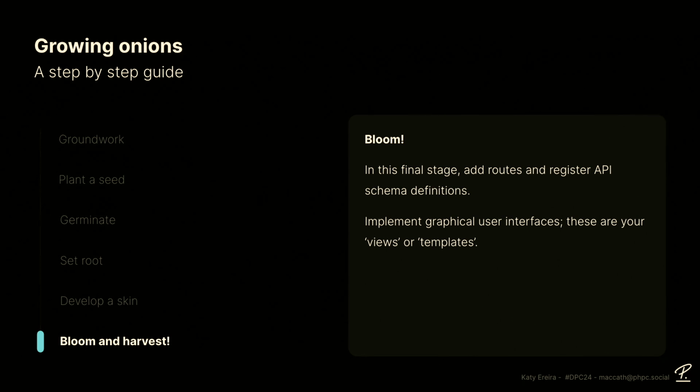So the final stage is to allow externals to reach that, and that would be through your views or templates, your graphical user interfaces, and your API schema definitions and things like that. So hopefully that's given everyone a quick overview of domain-driven design using the onion analogy.